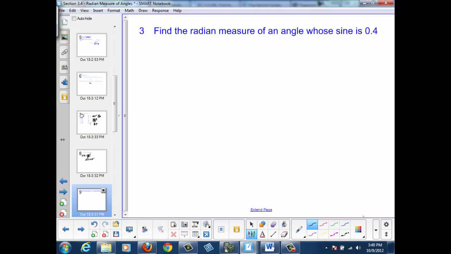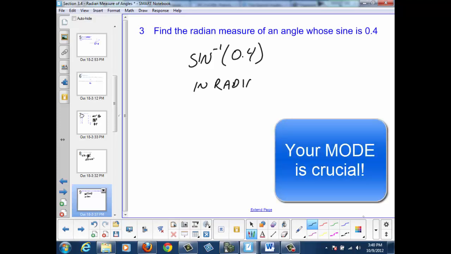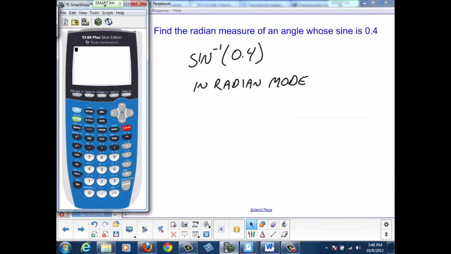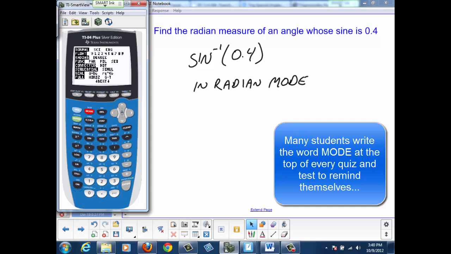To find the radian measure of an angle whose sine is 0.4, I need to take the inverse sine of 0.4 in radian mode. So I pull out my calculator, I go to check my mode, and I see that I'm already in radian mode, so I should be okay.